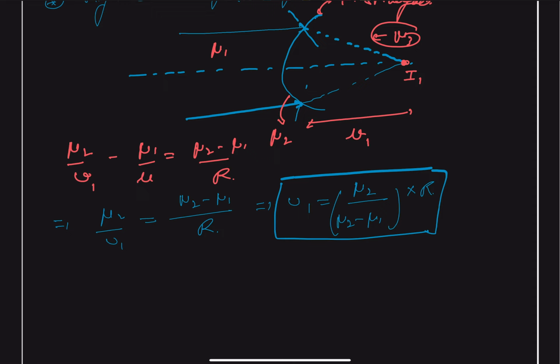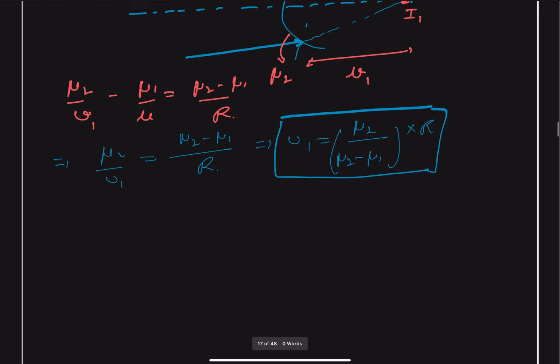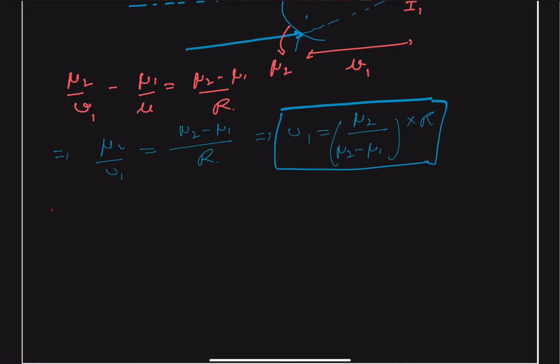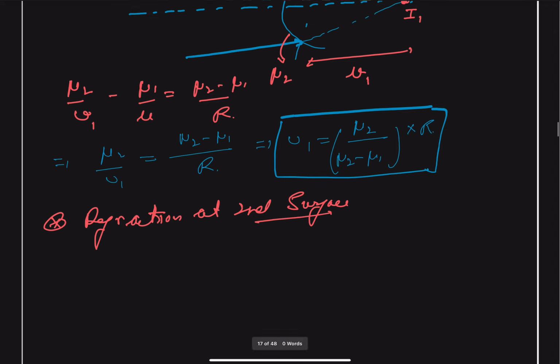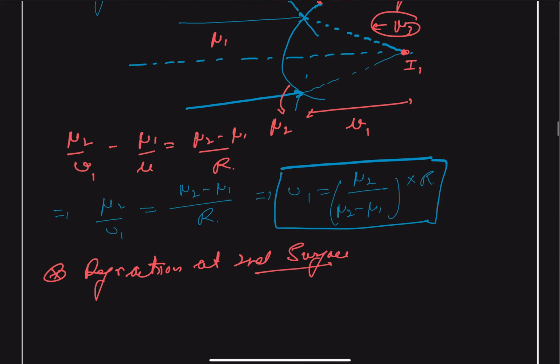Now we come to the refraction at the second surface. For the refraction at the second surface, you can say the light goes from mu2 to mu3.